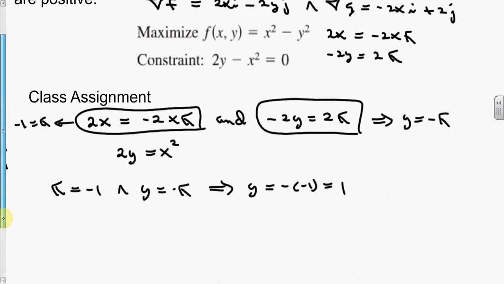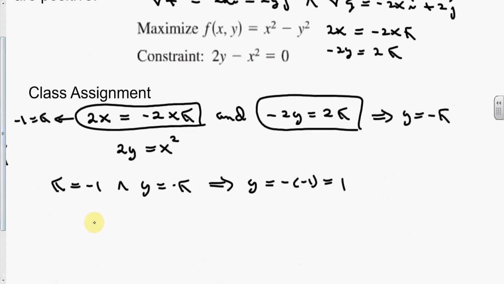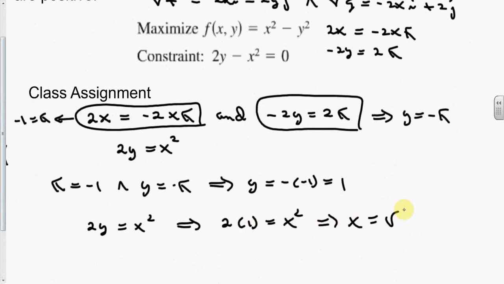Now, if y is equal to 1, and I have 2y is equal to x squared, right? So doesn't this imply that 2 times 1 is equal to x squared, and that implies that x is equal to the square root of 2?